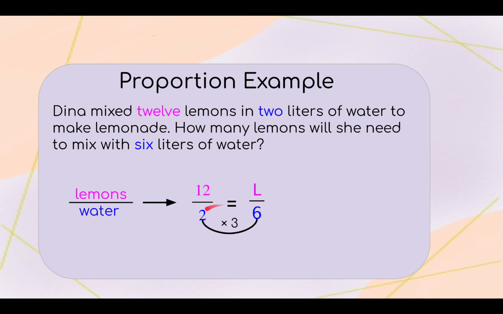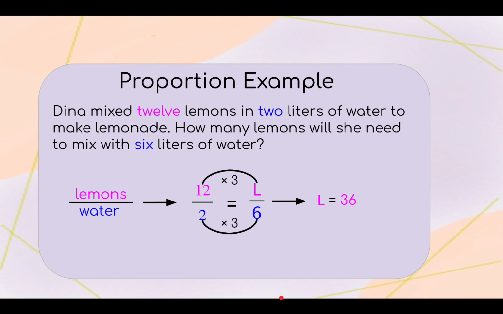And remember, whatever I do to my denominator, I must also do to my numerator and vice versa. Therefore, I am going to also multiply my numerator by 3. So when I have 12 times 3, that would give me that L is equal to 36. But I'm not done.